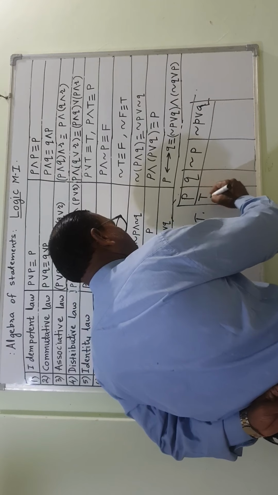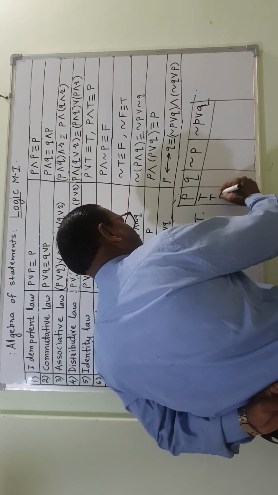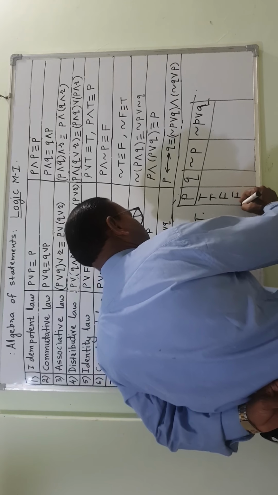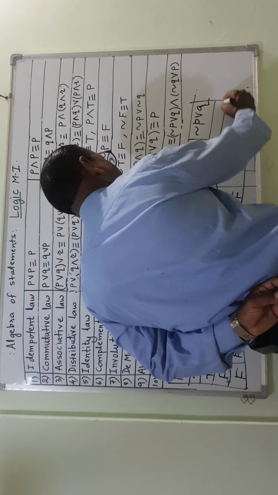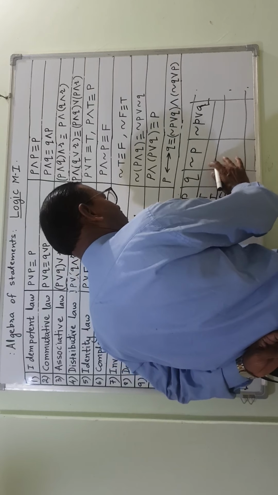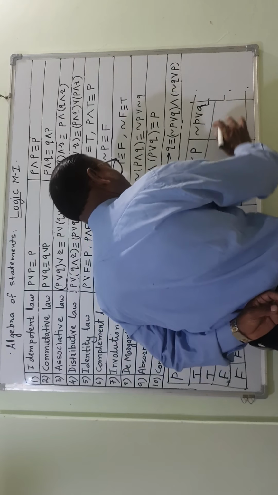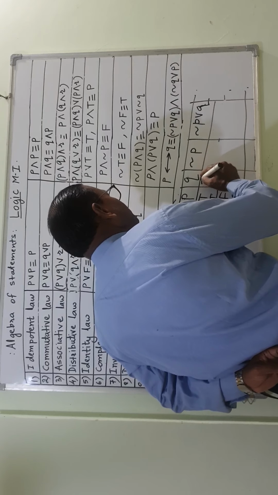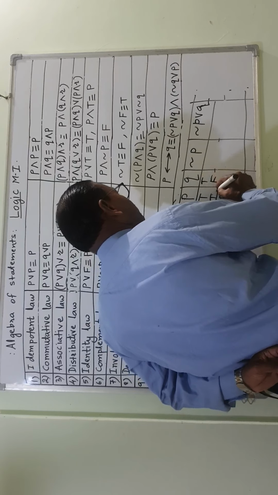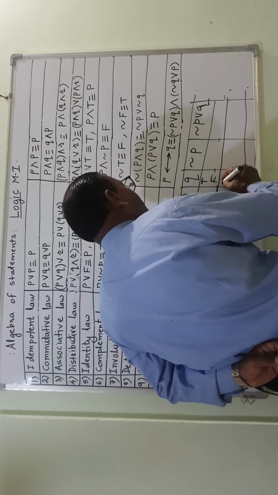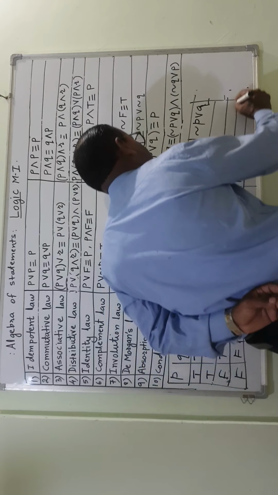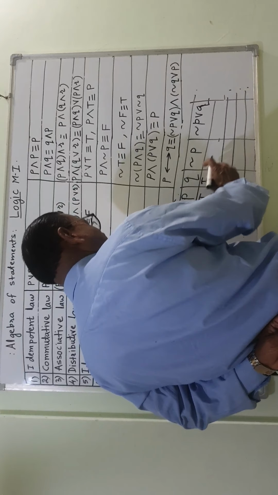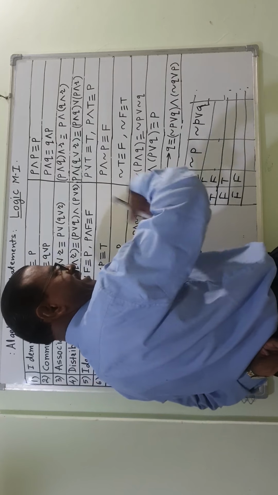This is T, T, F, F. So what will be the answers that I will see now for this? This is T, F. This will be T, F. Negation P means this will be made negative.